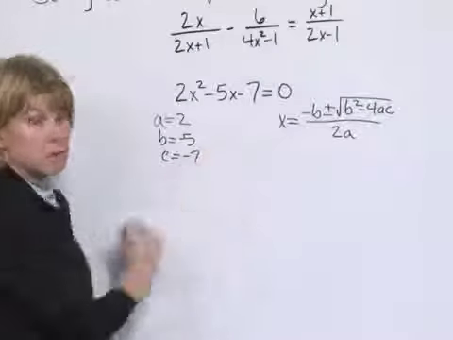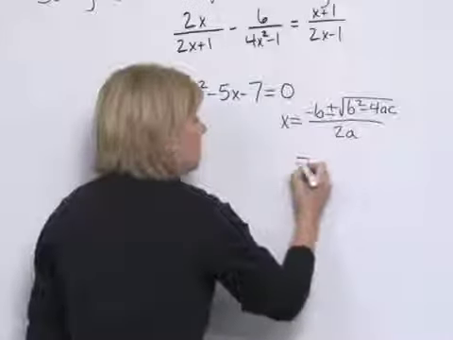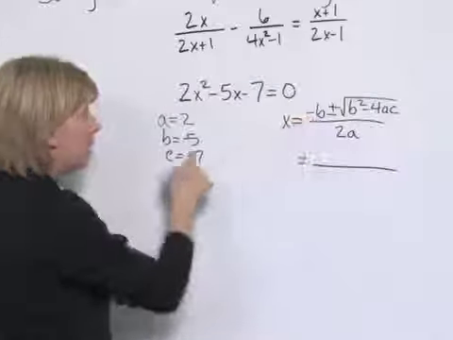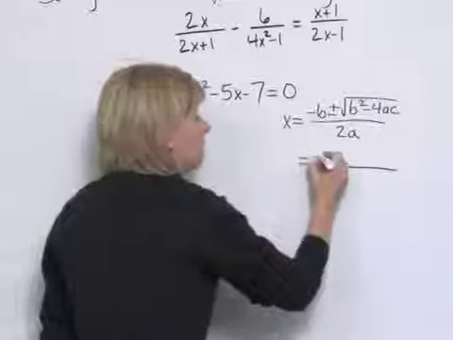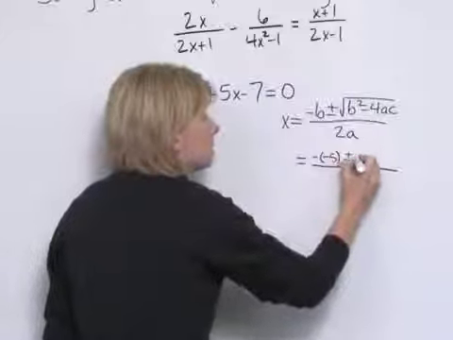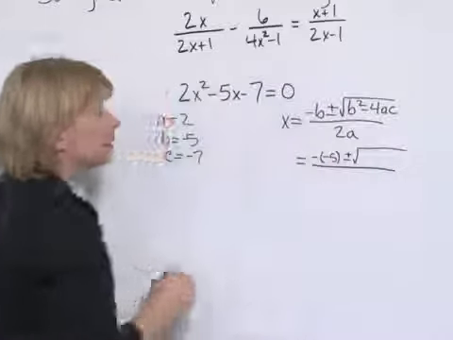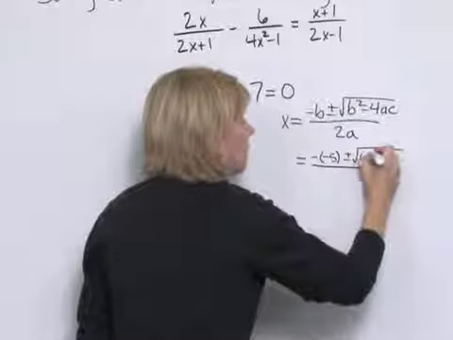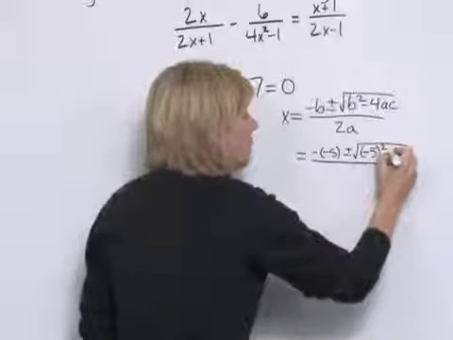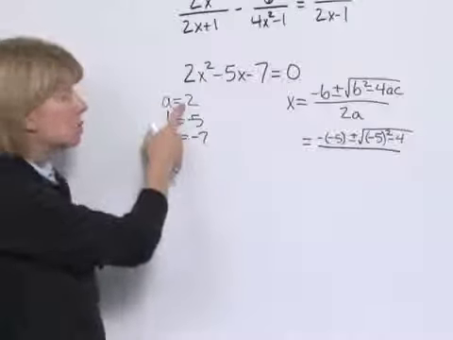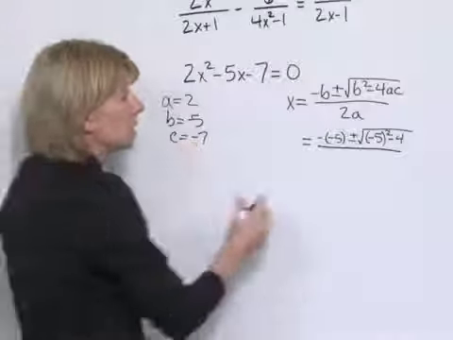Substituting these values into the formula, we have negative b is negative 5, plus or minus, under the square root we have b squared, so negative 5 squared, minus 4 times a is 2 times c is negative 7.